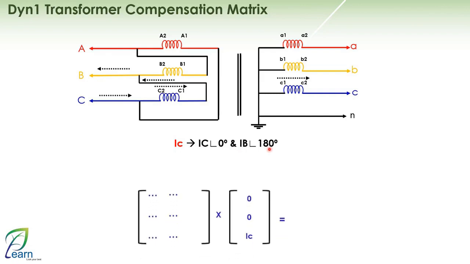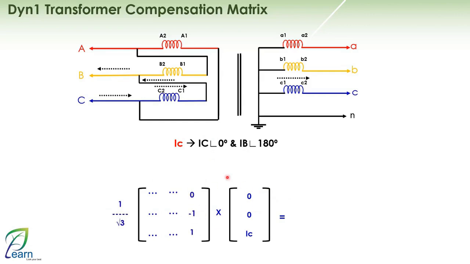Consequently, I will also set up a 3 by 3 matrix, and here I will start arranging the third column, which, as we can see, is the current of phase A at 0. The current of phase B here will be -1, and the current of phase C will be +1. Don't forget the 1 over the square root of 3 for the magnitude of the current.